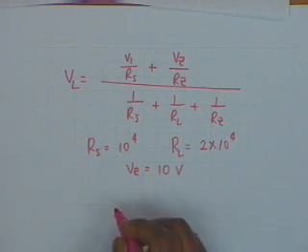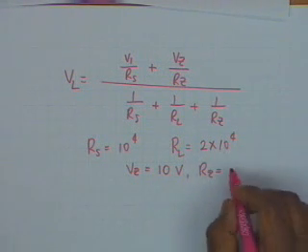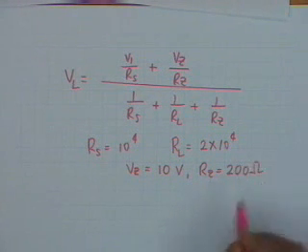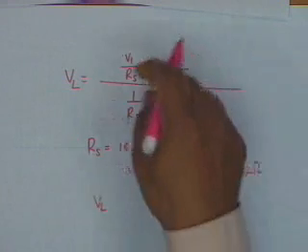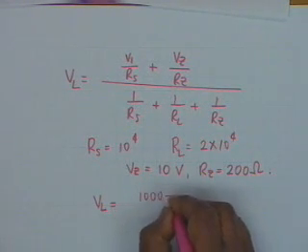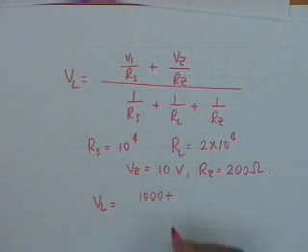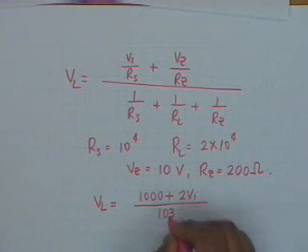VZ is 10 volts. And typical RZ, the dynamic resistance of the Zener diode, is 200 ohms. Then you can show that VL, if you substitute these values, is 1000 plus twice V1 divided by 103. Again I skip the arithmetic.